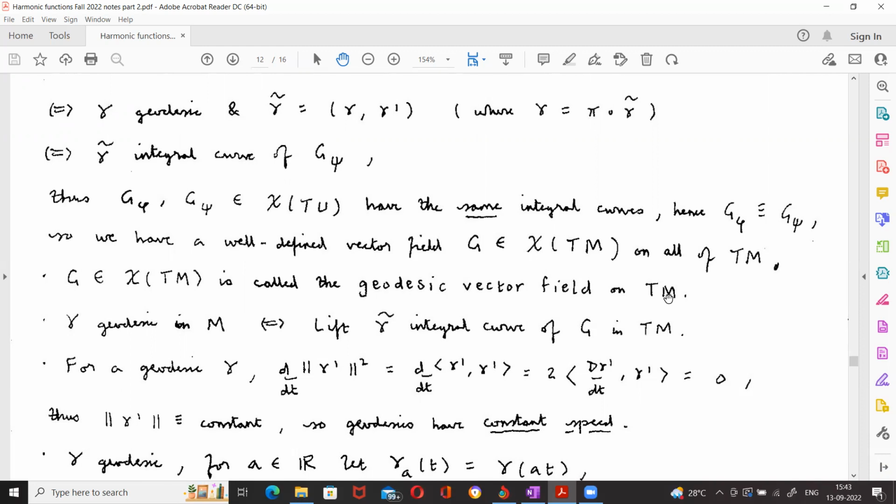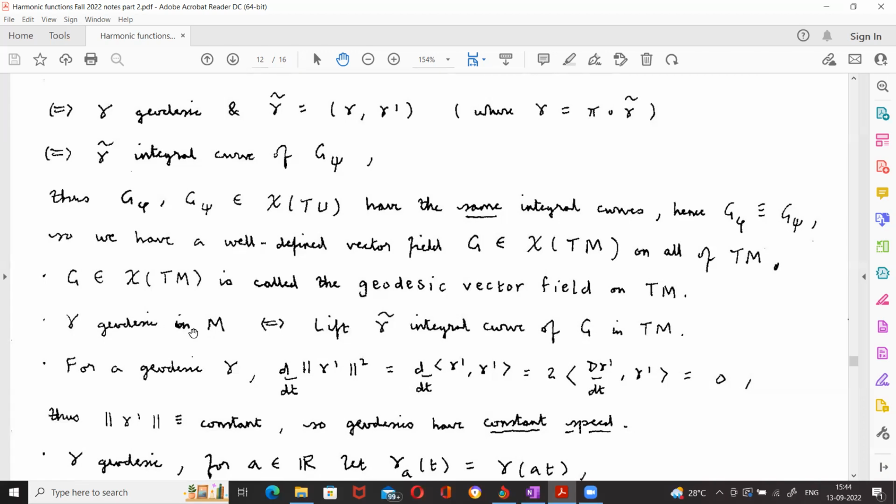Vector fields correspond to first order ODEs. So on the tangent bundle, you just have a first order ODE. So to summarize, gamma is a geodesic in M if and only if the lift gamma tilde is an integral curve of G in TM.